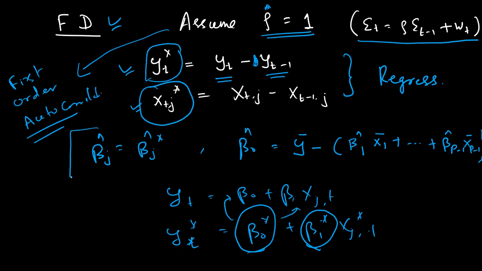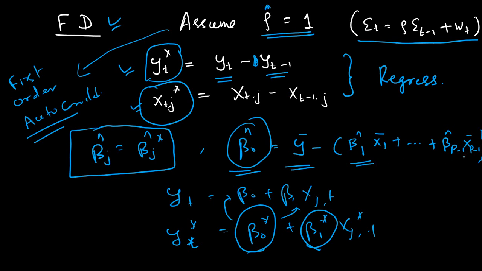In this case the slope coefficient remains the same, because this is a linear transformation and it's not going to change the slope of the regression line. Using the mean equations you can get beta naught. Just plug in the values of beta 1, beta 2 up to beta p, depending on the number of variables, and you will get it very easily from these mean equations.